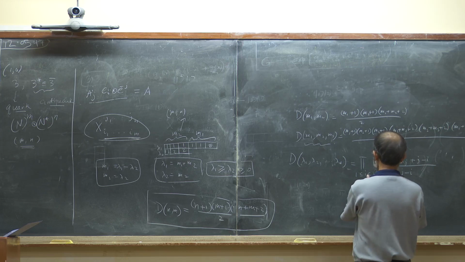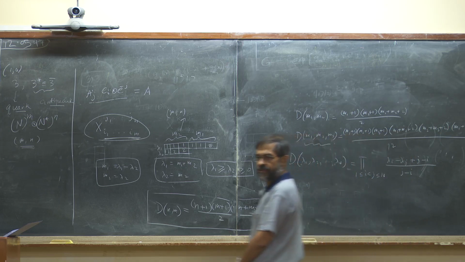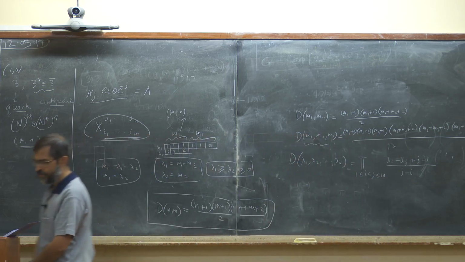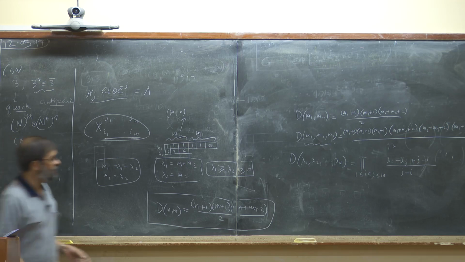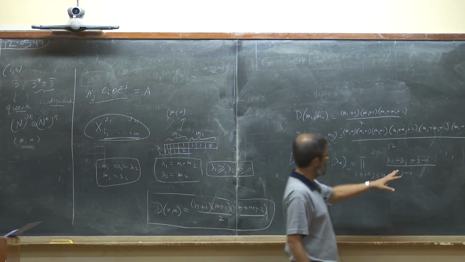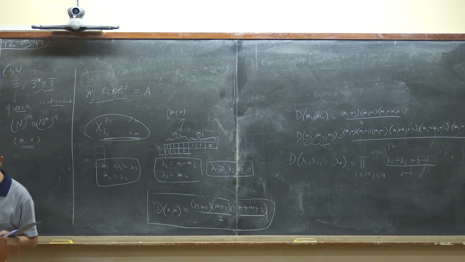So let me correct it. It could be 0 by 0, but these are all integers. There are no limiting procedures here, so you can't use L'Hopital's rule with integers. So this I will correct, and there is also another representation of this in terms of what are called hook lengths.